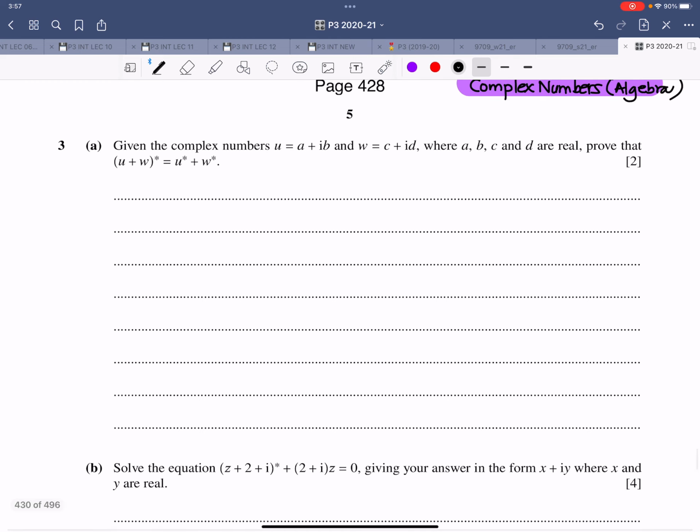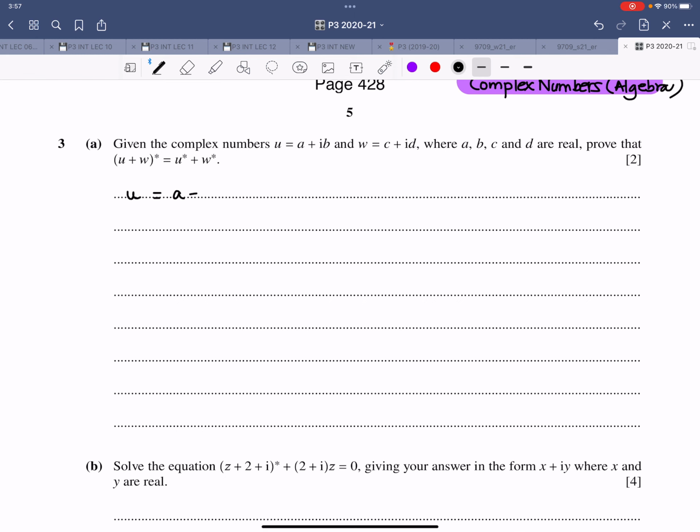It says u equals a plus ib. u star, let me write it right away, a minus ib. w is c plus id. w star is also needed, that is c minus id. What else is needed? u plus w. So therefore, this thing, the left hand side, u plus w is a plus c, add the real to the real, and b plus d with a positive sign, that is u plus w.